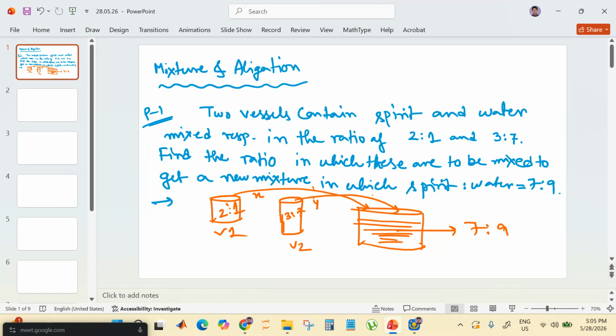So x amount of V1 will be poured and y amount of V2 will be poured. How to do it? There are lots of processes, and the conventional process is lengthy. For the exam point of view, you have to do it in short.